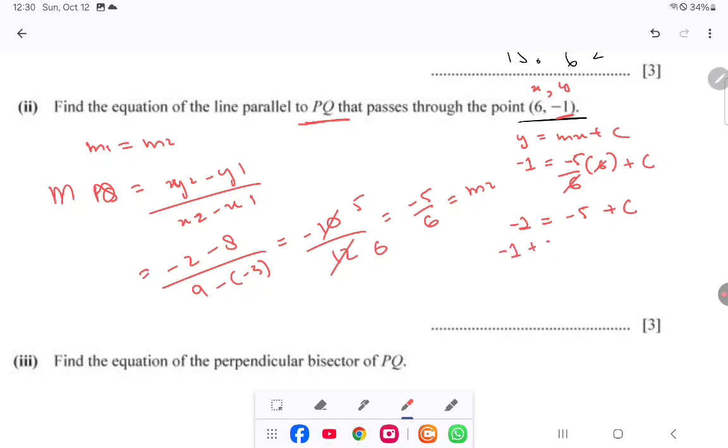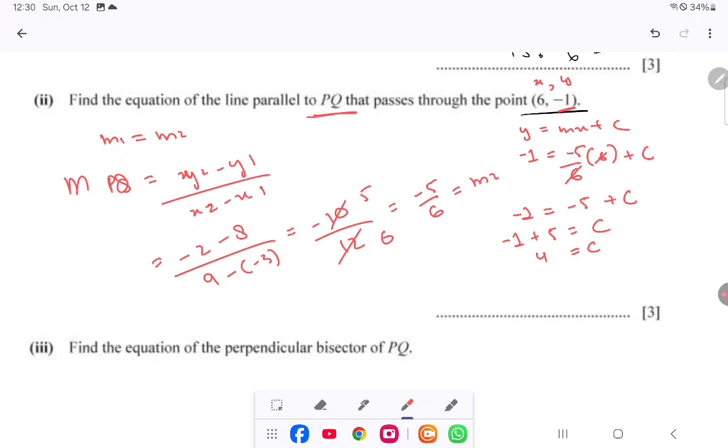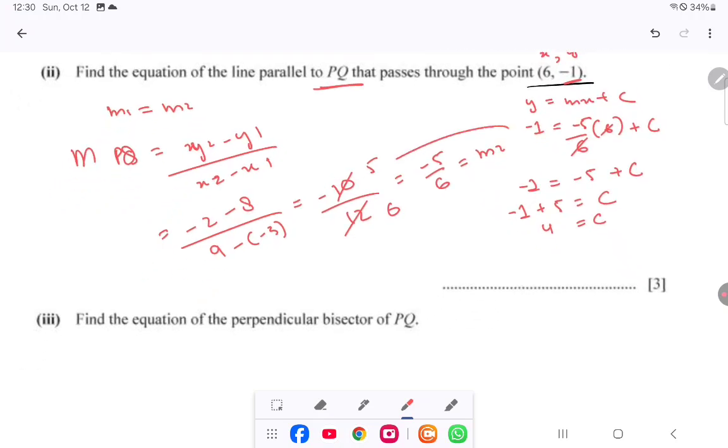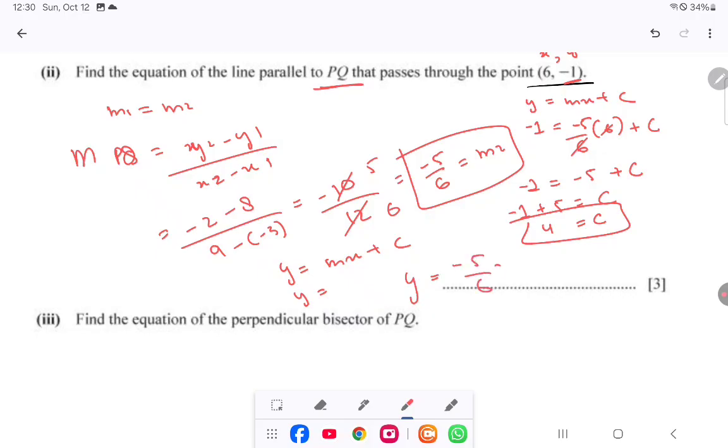Add 5 to both sides. You will be left with c is equal to 4. Now put the value of m and c in the line equation, which is y is equal to mx plus c. Y is equal to negative of 5 over 6 x plus c, which is 4. This is our line equation, which is parallel to PQ.